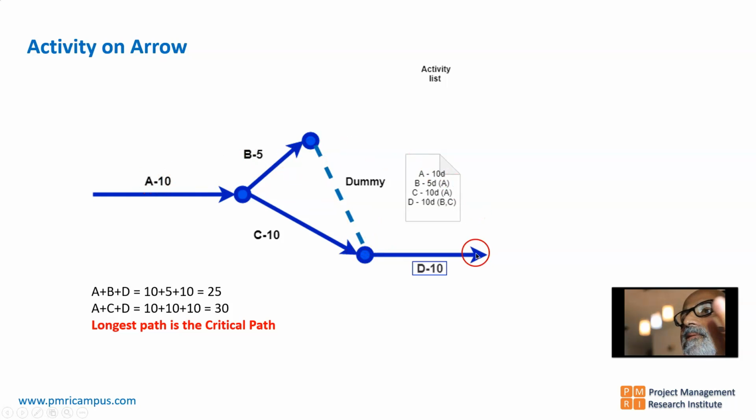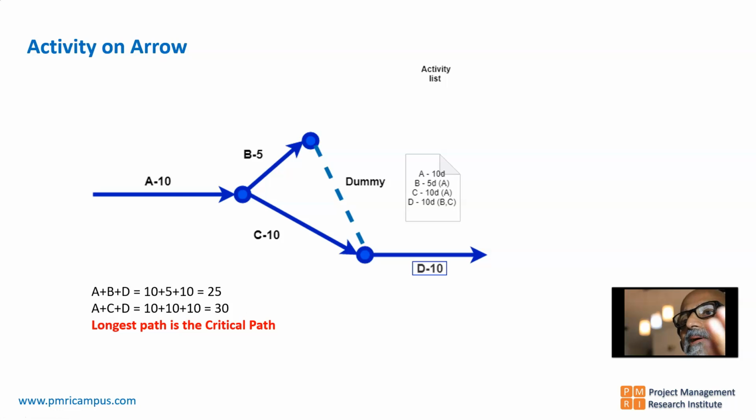Now after drawing this activity on arrow diagram, where the activities are on the arrows and connected at the nodes, which is the longest path? One path is ABD, that is 10 plus 5 plus 10, that is 25. Another path is A plus C plus D, that is 10 plus 10 plus 10, that is 30.